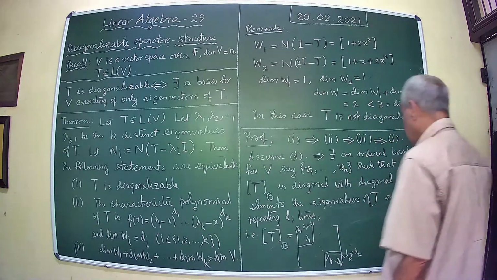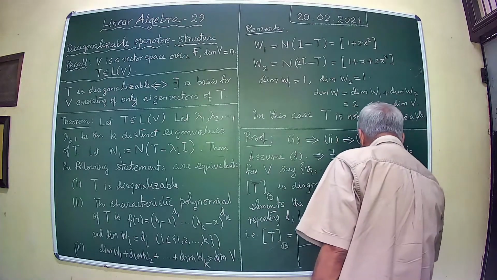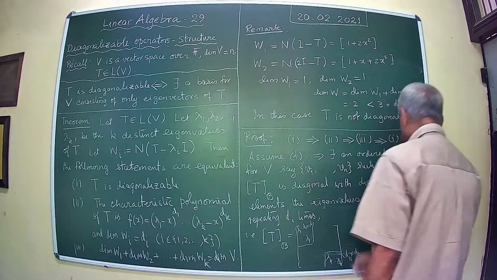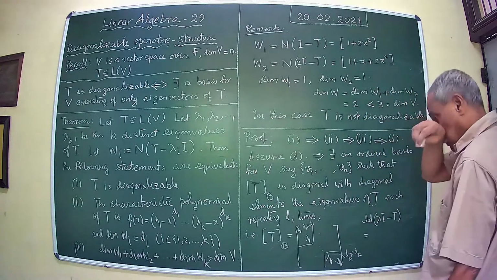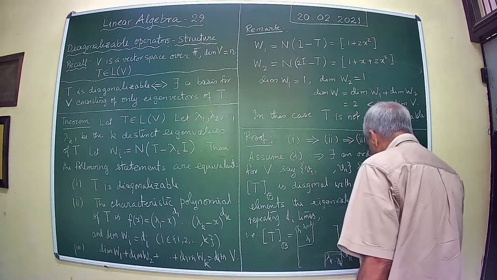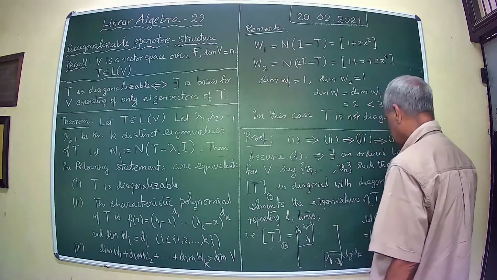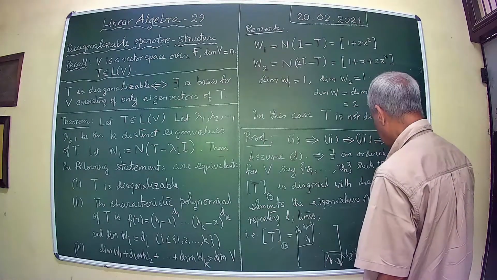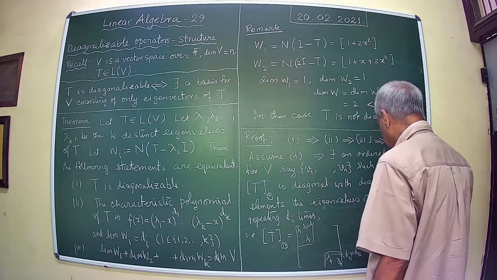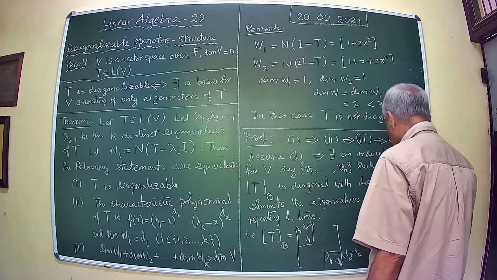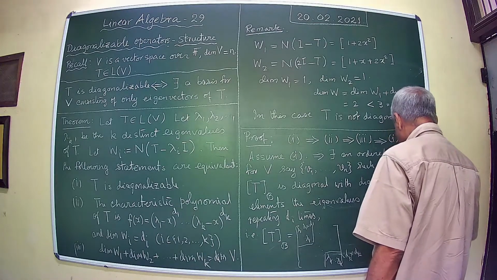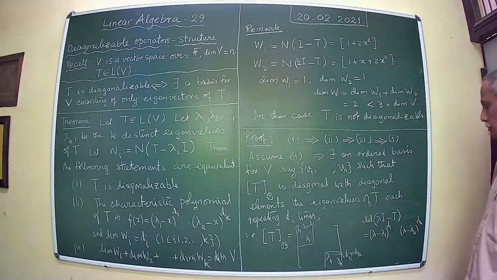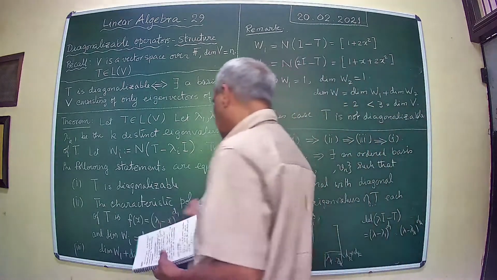What is the consequence? The consequence is that the determinant of this is equal to, which is essentially the characteristic polynomial associated with this.